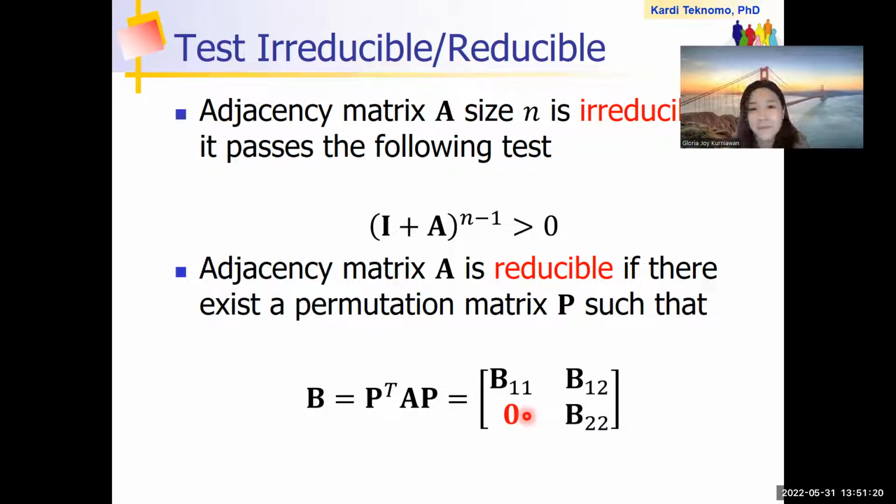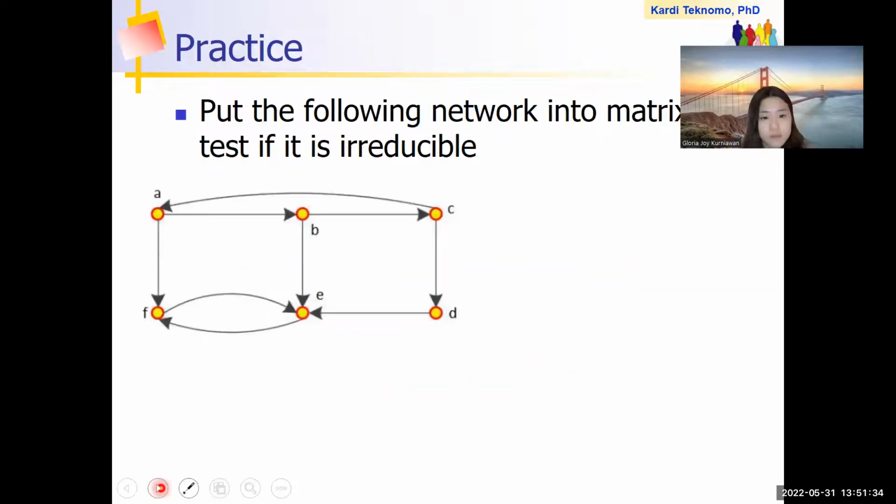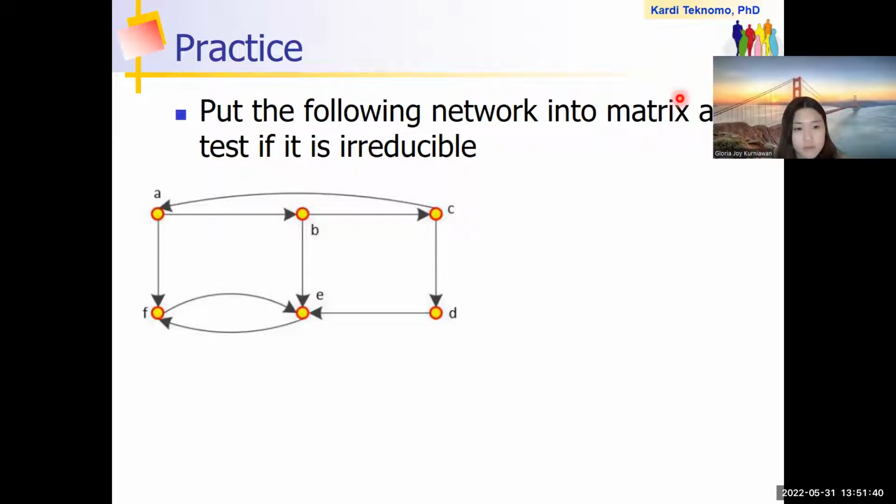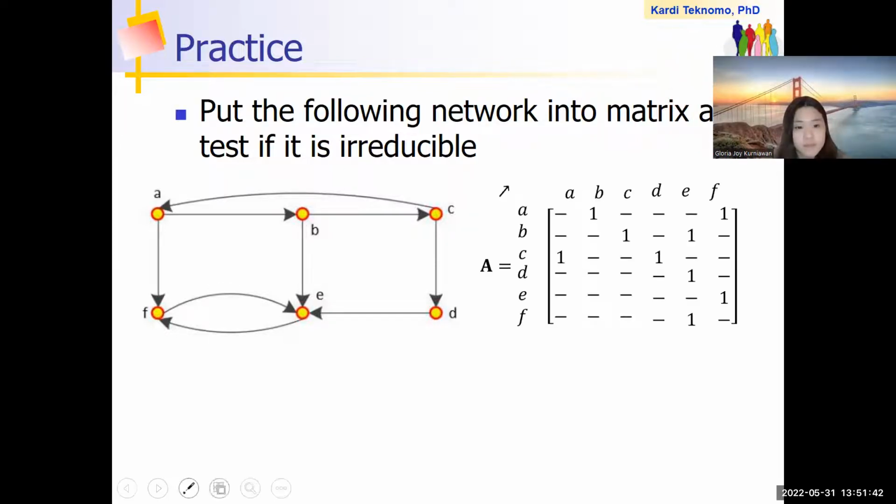A while ago, I put it up here. It's the same thing, right? So you can multiply with any permutation matrix so that you will get this form. So this one you can put into matrix. I think it's easy, right?